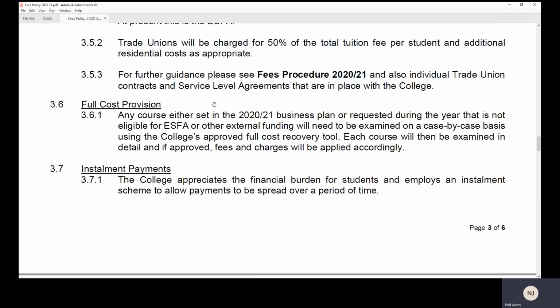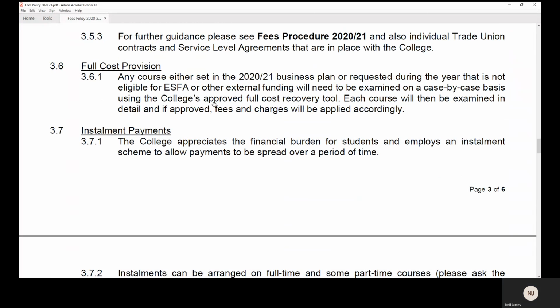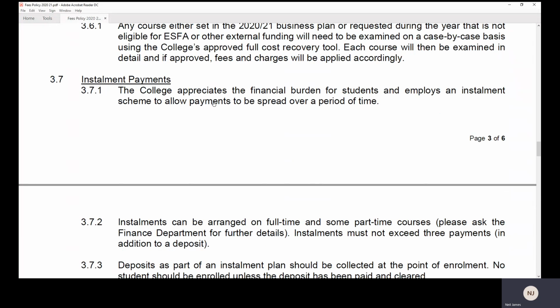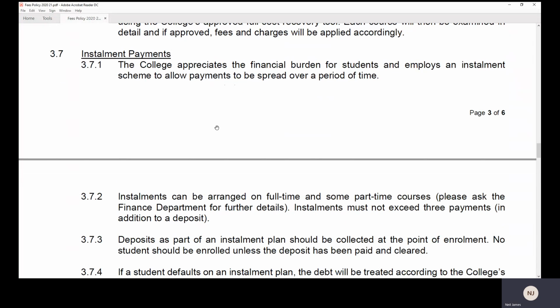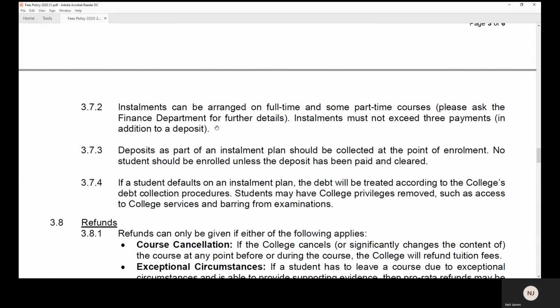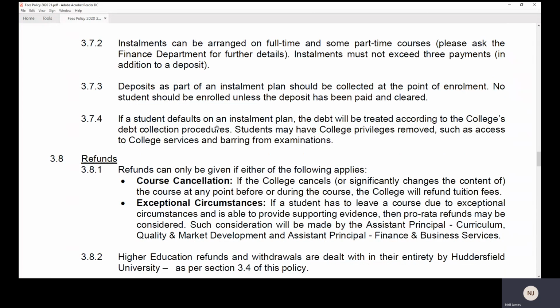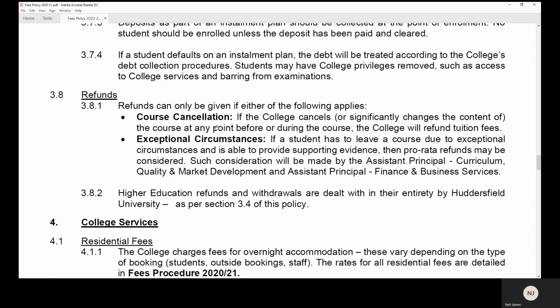We're just waiting for sign off on this, and this will come out as well. Sections 3.7 and 3.8 give guidance around instalment payments and refunds that need to be issued to students in certain circumstances.